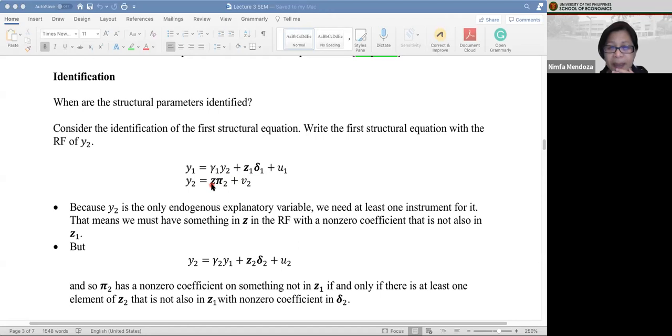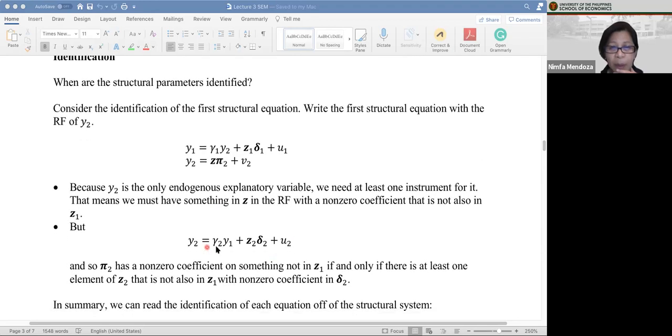So there must be an exogenous variable in this Z vector, which is not in z sub 1, that has a non-zero coefficient in this vector pi sub 2, okay? But here we see y sub 2 is gamma sub 2 y sub 1 plus z sub 2 delta 2 plus u sub 2, okay?